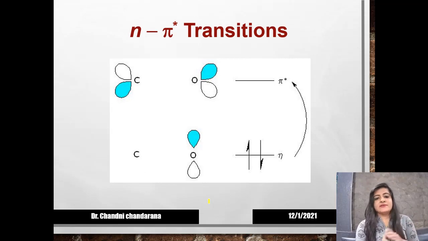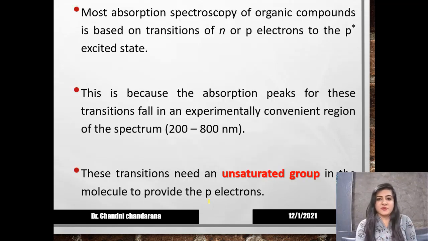Most absorption spectroscopy of organic compounds is based on transitions of n or pi electrons. Whenever we take a UV, mostly we observe the electronic transitions, either pi to pi star or n to pi star.